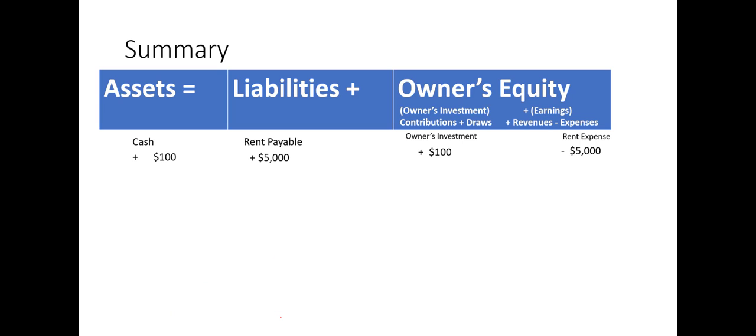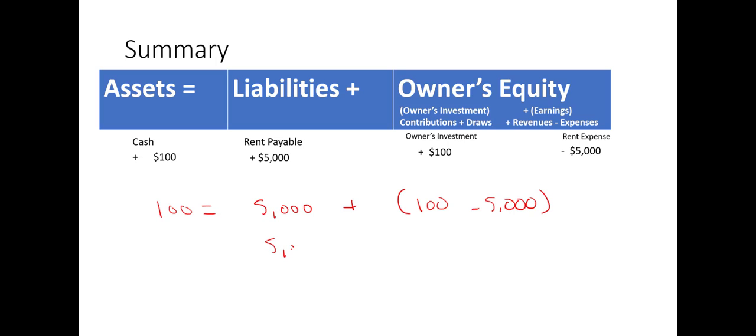So in summary, we can see how the two transactions affected our accounting equation in total. On the left side of the equation, or left side of the equal sign, we have cash of $100. And on the right side, we have liabilities of $5,000, and we have owner's equity of $100 here for our owner's investment, and also a rent expense of $5,000. So if we do this math here, we have 100 of assets, we have 5,000 of liabilities, and we're going to add that to our owner's equity, which is $100 minus $5,000.